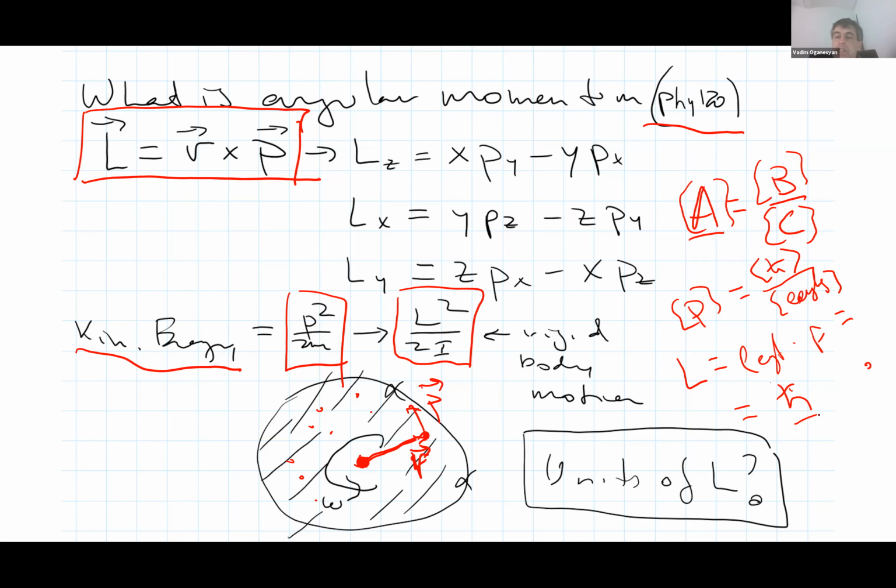Okay, so h bar is this weird thing that showed up pretty early in the quantum theory, and many people have latched onto it in the sense that if there's anything that has units of h bar, it might have an interesting image in the quantum theory. And so it turns out that the classical angular momentum, without doing any quantum mechanics, already has the units of the most fundamental quantum thing, which is h bar.